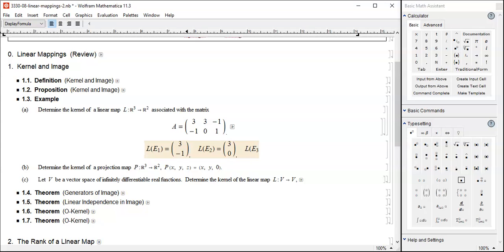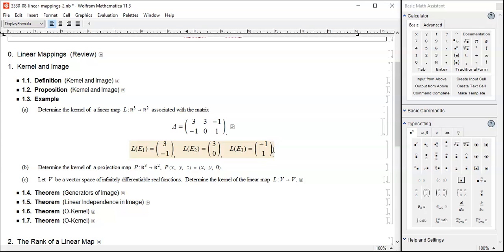And L of E3 is -1, 1. Do you see that? This is a matrix expression, and each column corresponds to the coordinate expressions of the image vectors of the basis. Okay, E1 is going to 3, -1. E2 is going to 3, 0. E3 is going to -1, 1.